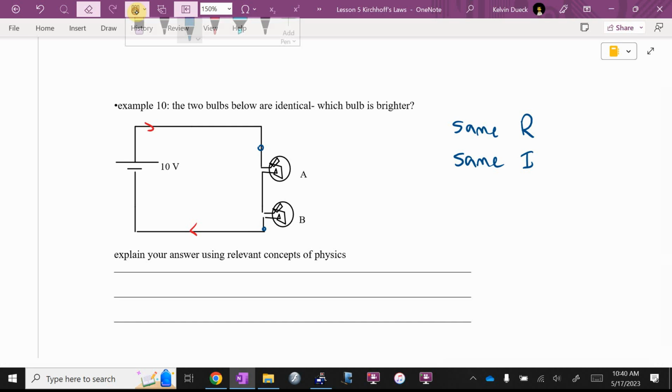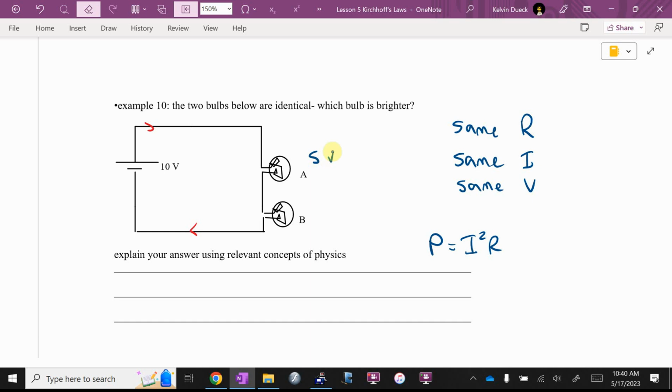Well, if you have the same R and you have the same I, you know what else you have that's the same? And now you could do one of 2 things. You could go power equals I squared R, and you could say same power. Or if you just want to keep using power equals V times I, if R is the same and I is the same, they have the same voltage.